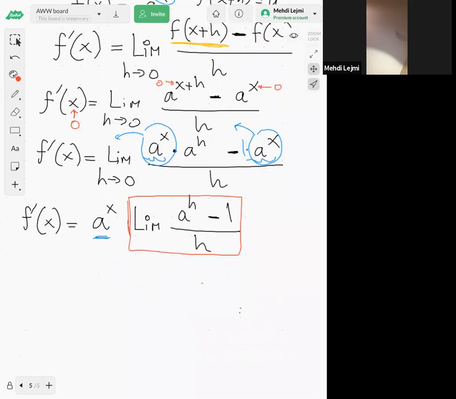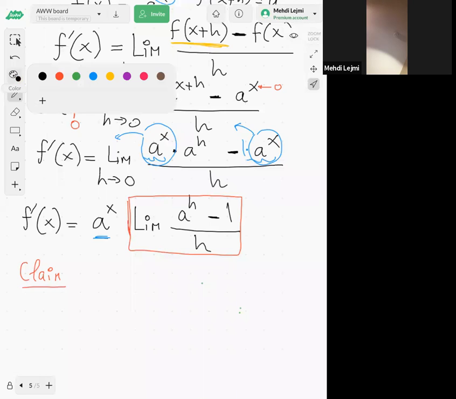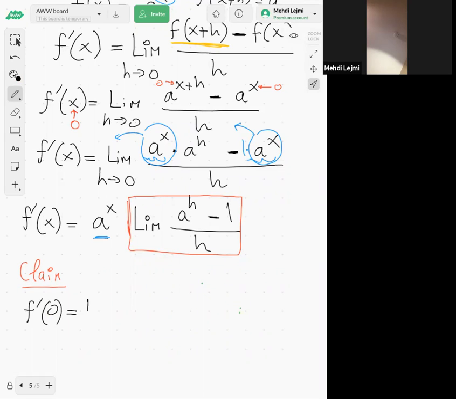So what I'm saying, guys, is that this is a claim. f prime of 0, by definition, is the limit as h goes to 0 of f of 0 plus h minus f of 0.